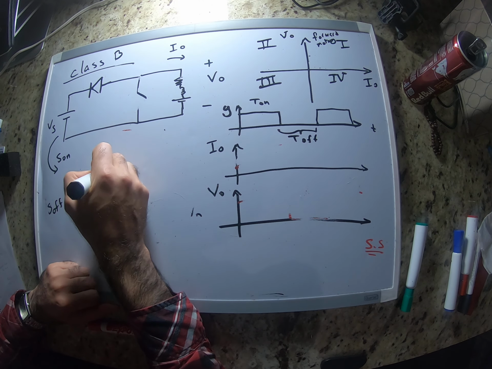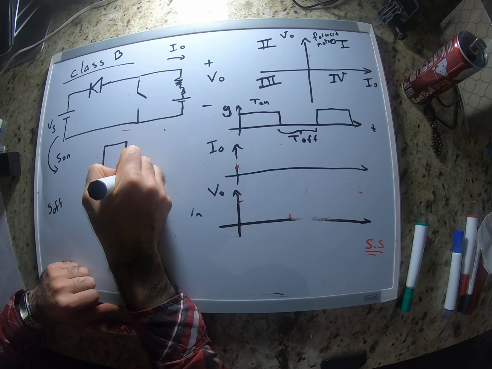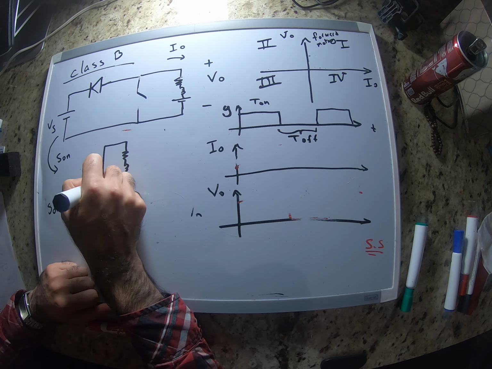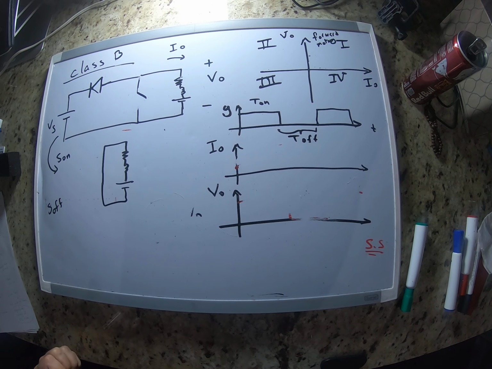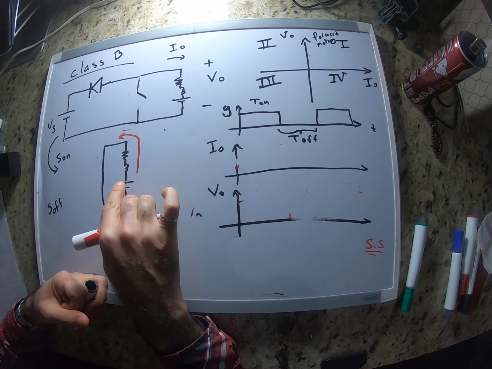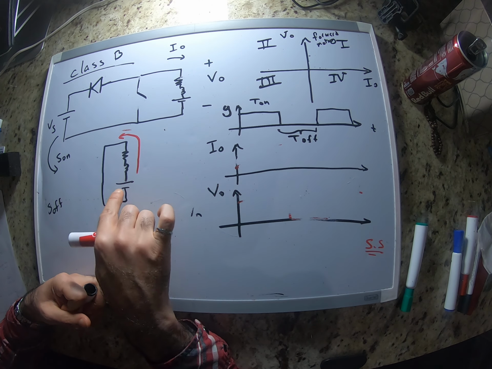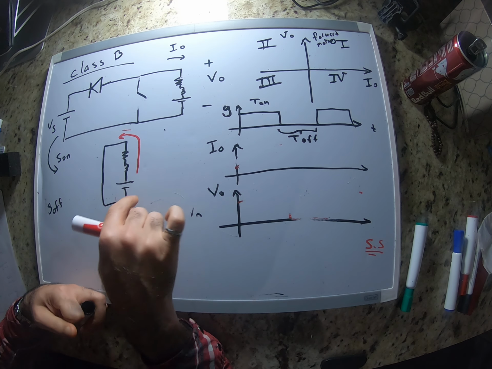So we end up with just something like this. Okay, and in this case, our current is gonna go in this direction, right? Because this is the only source that we have here.